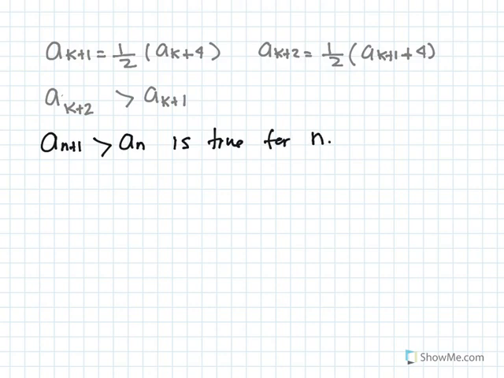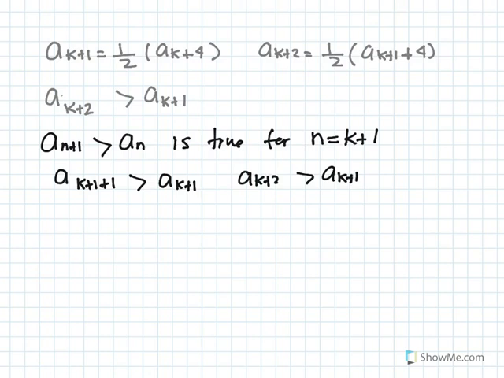for n equals k plus 1. Let me show that. If you put n equals k plus 1, we get a_{k+1} is larger than a_n, which is a_{k+1}. So we get a_{k+2} larger than a_{k+1}. We've proven that this holds for n equals k plus 1.